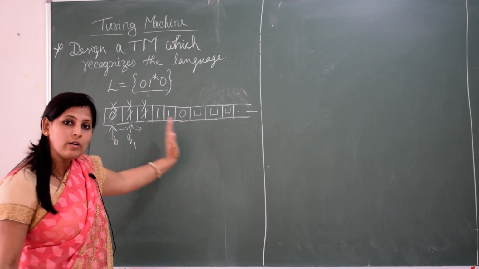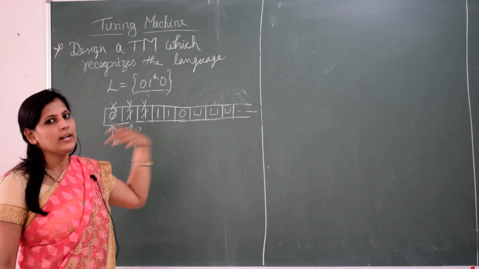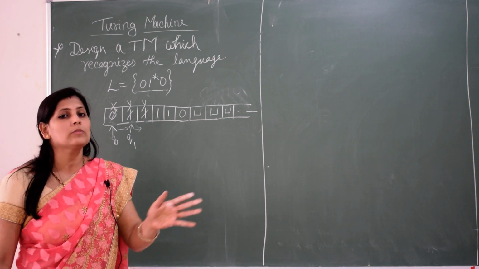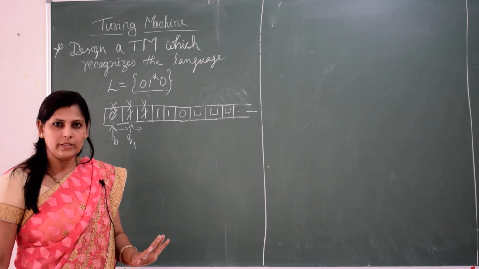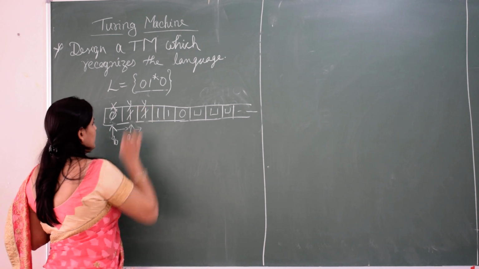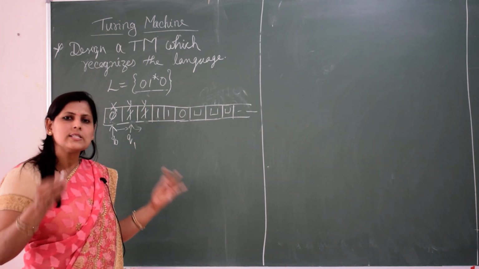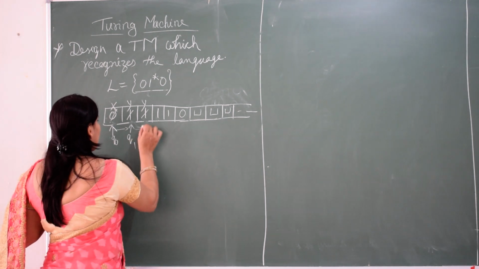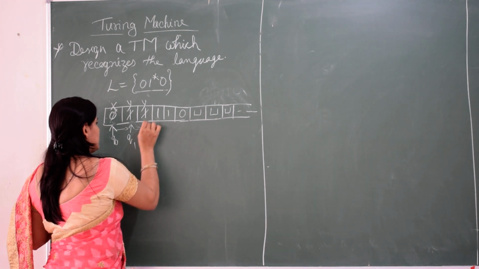So n number of 1s will come, and I'll update each with Y only, so that I'll understand that these many 1s have appeared. So I have converted them into Y, and since I am performing the same task, I'll be in the same state. I am at Q1 only, this is my tape.